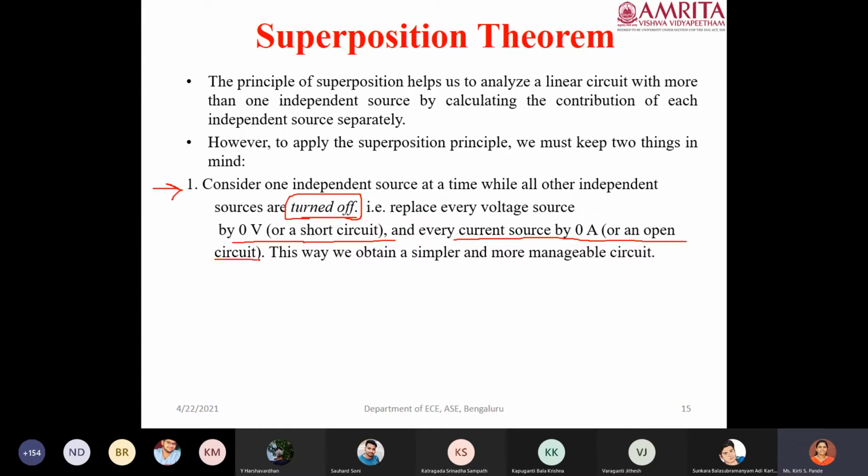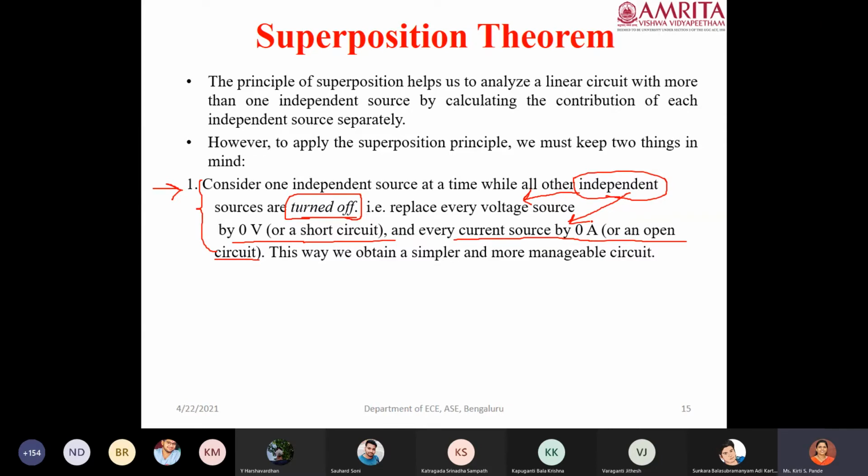Please remember, if you have multiple sources, only one independent source will be acting at a time. This first point is applicable only for independent sources. Only independent sources you can turn off. How? If it is an independent voltage source, you have to short it. If it is a current source, you have to make it open.